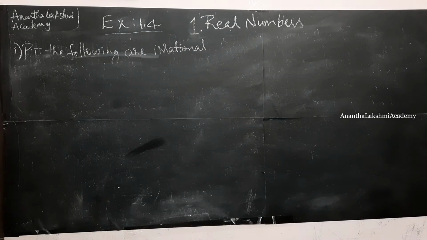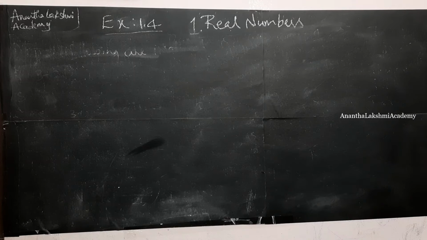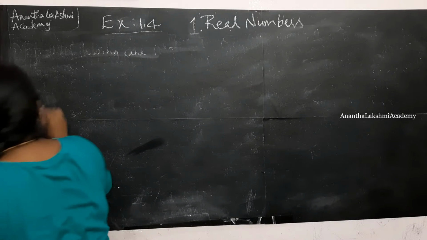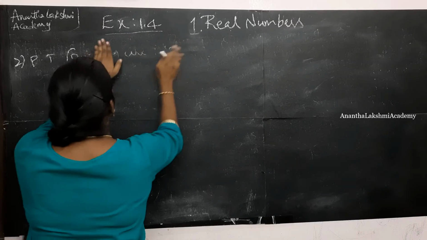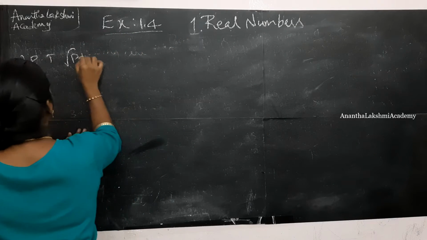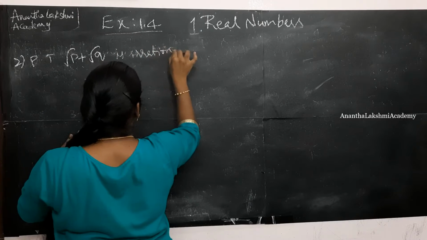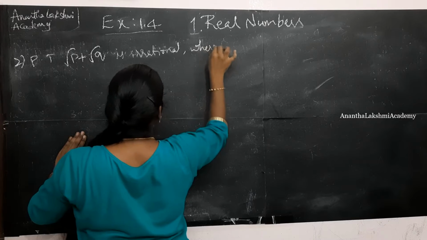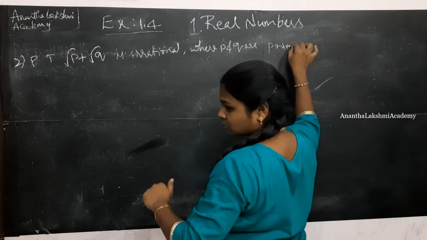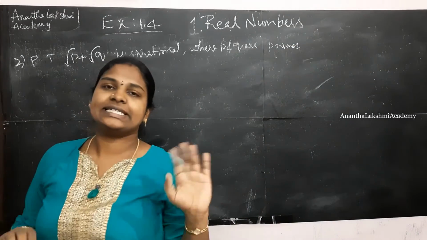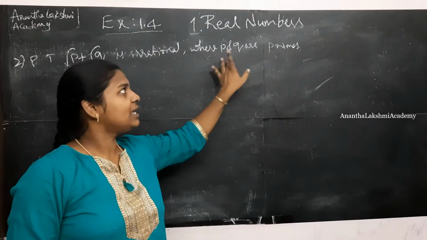So the second problem. So this is the second problem here, wherein prove that root p plus root q is irrational where p and q are primes.